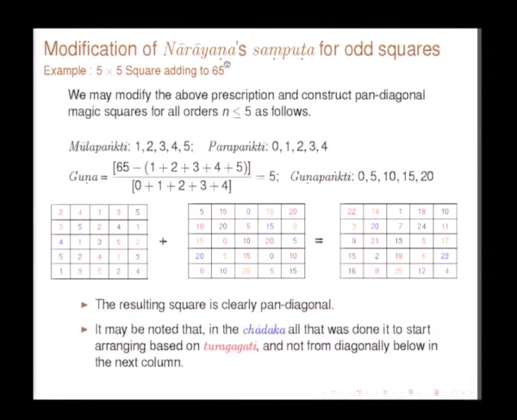So, modification of Nārāyana Samputa for odd squares. So, we choose the same example, and we arrange this in the same manner.